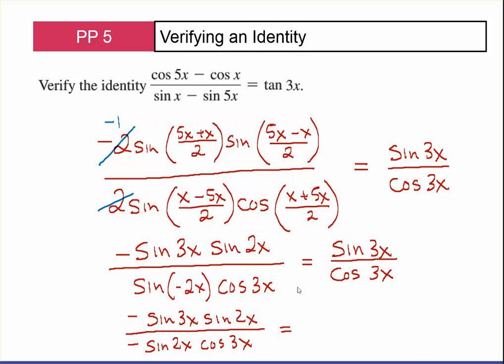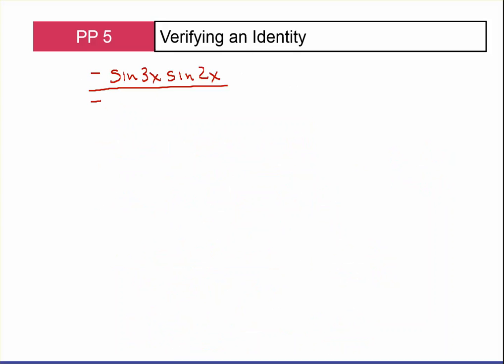Alright, on the right hand side I still have sine of 3x over cosine 3x, so that has not changed. Notice I keep the equal sign coming down. And again, I just want to make sure the left and the right equal each other completely. Alright, I ran out of room, so let me copy this down in the next slide real quick.